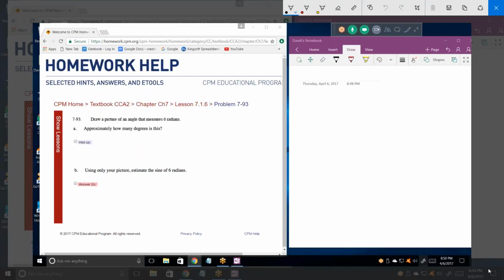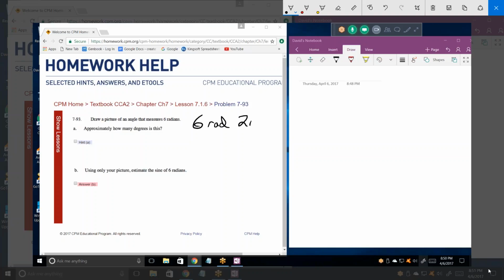Draw a picture of an angle that measures 6 radians. What does 2 pi radians equal? I don't know.